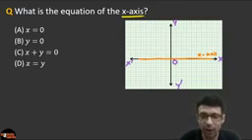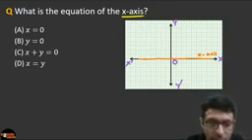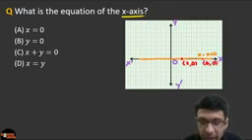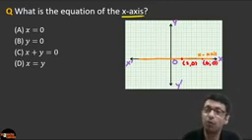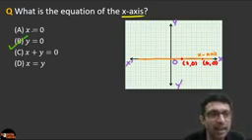It has no height on y. But the x value can change. If you take any point on the x-axis, for example, this point is going to be (2, 0). This point somewhere here is going to be (6, 0). So the x value is changing, but y is fixed. So the right answer is going to be y equal to 0.